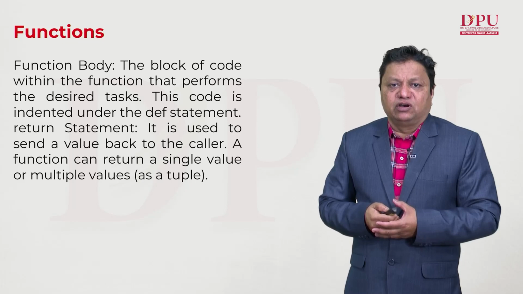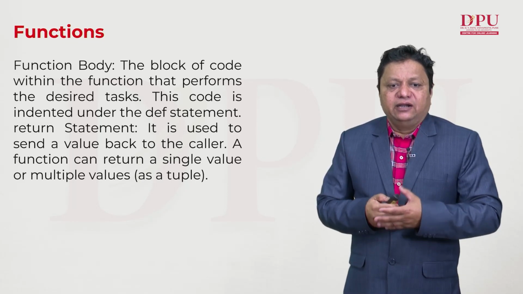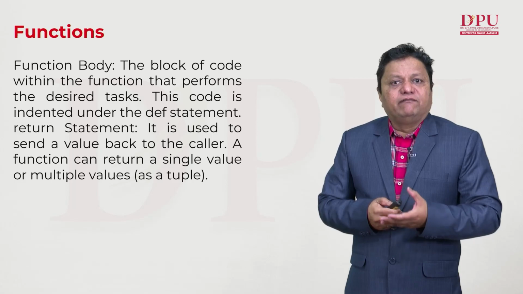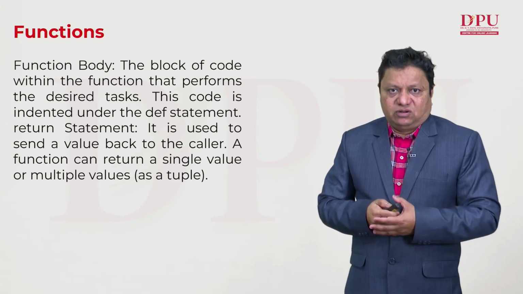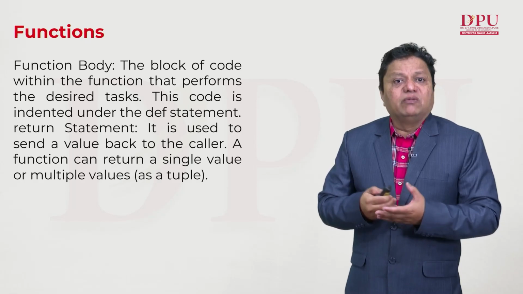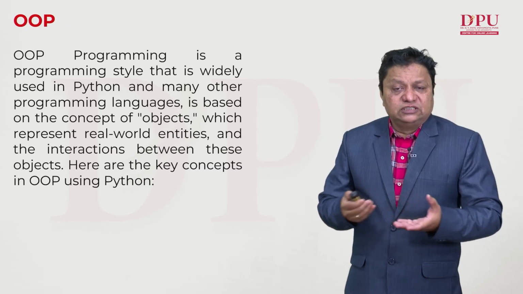Indentation is very important in Python. The code is indented under the def statement, and the return statement is used to send a value back to the caller, and a function can return a single value or multiple values as a tuple. So, this is all about the functions.